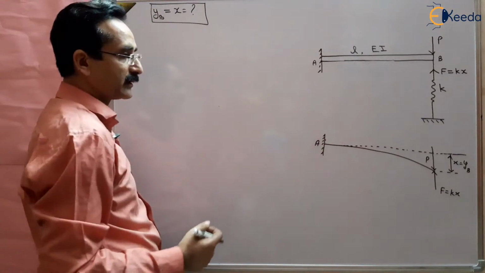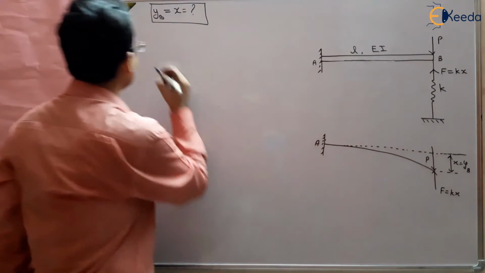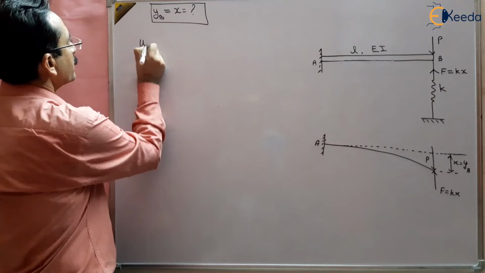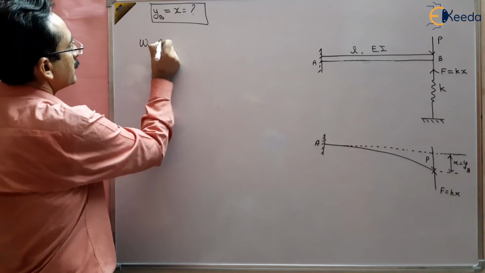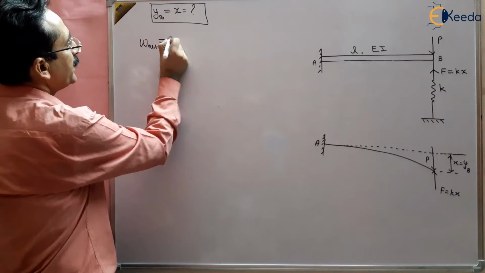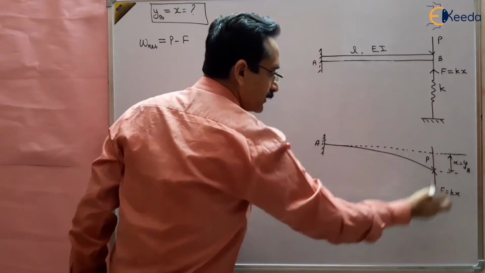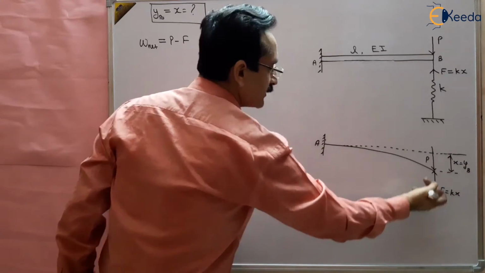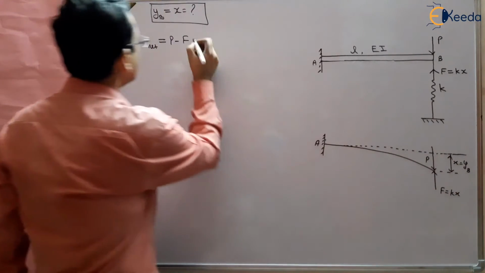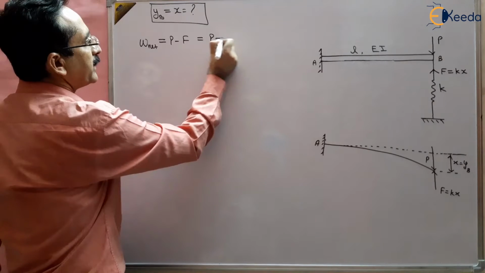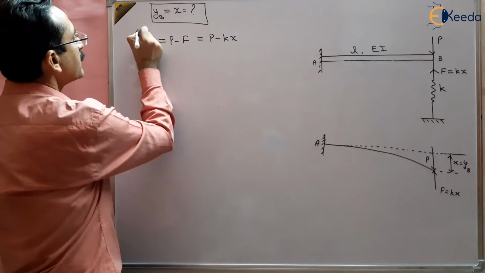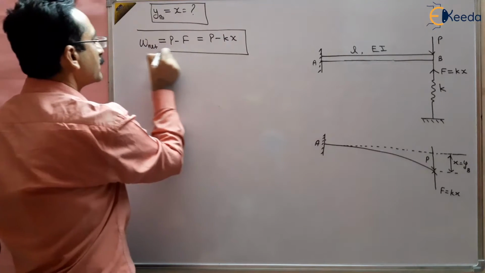Now two forces are there. The net force, W net, is P minus F at the free end. One is the downward applied force, and Kx is the resisting force by the spring. So the net force at the free end is P minus Kx.